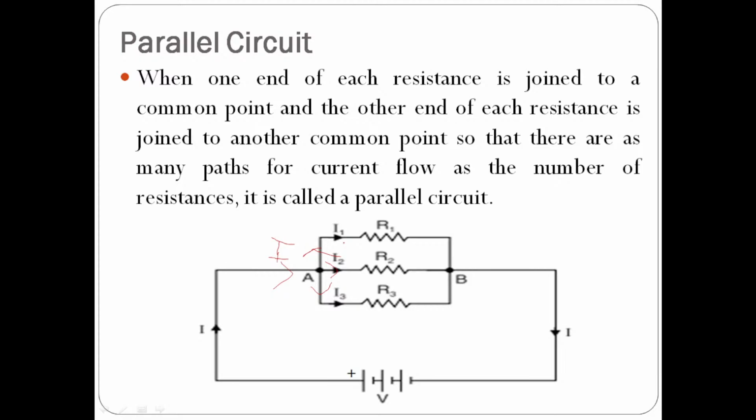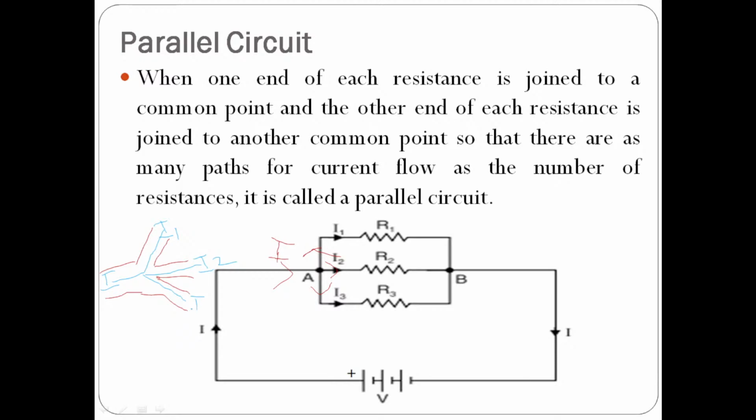I1, I2 and I3. Current is dividing into 3 currents, I1 plus I2 plus I3. So what is I equal to?